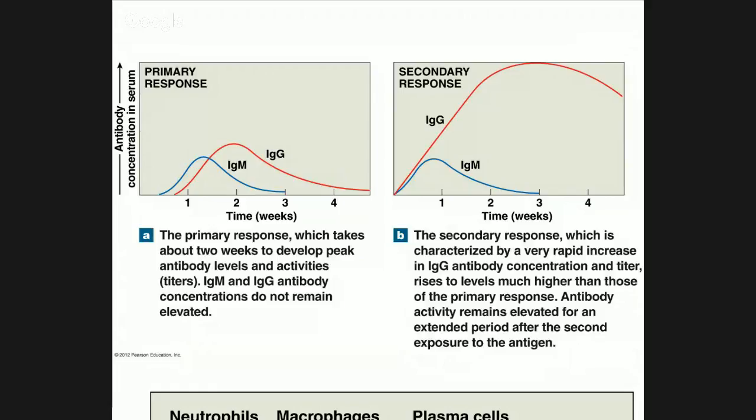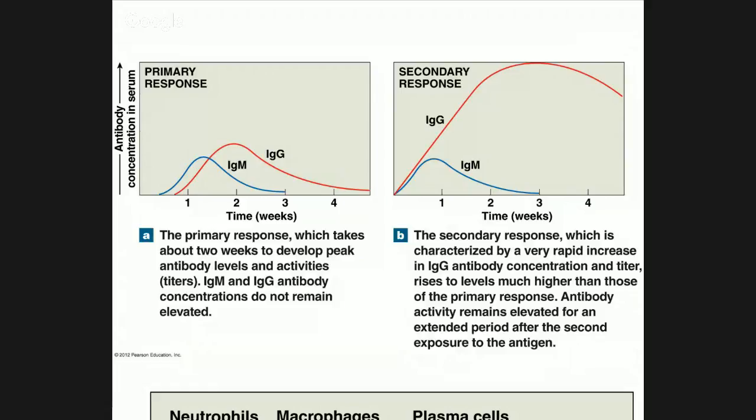The time it takes to get from the initial exposure to this disease-causing agent to the beginning of the IgG curve suggests the time frame that activation takes place. The B cell has to run into that particular antigen that it's prepared for. The helper T cell has to also. Remember, B cells don't get activated until the helper T cell releases the interleukin 2.